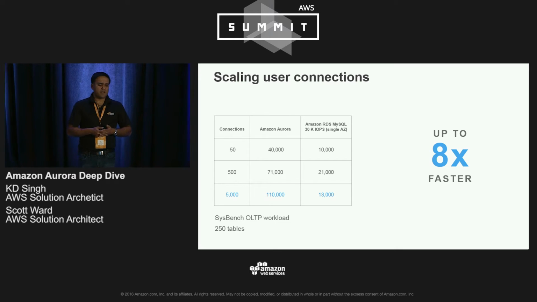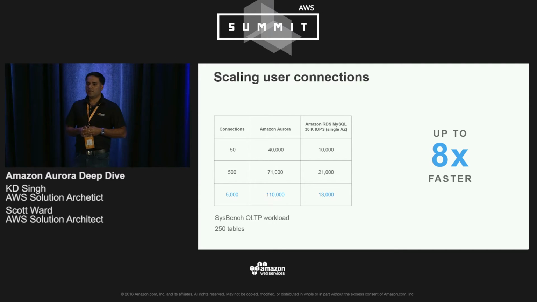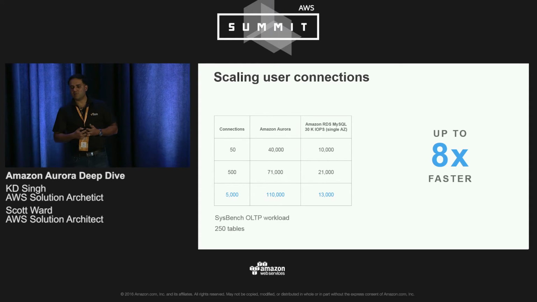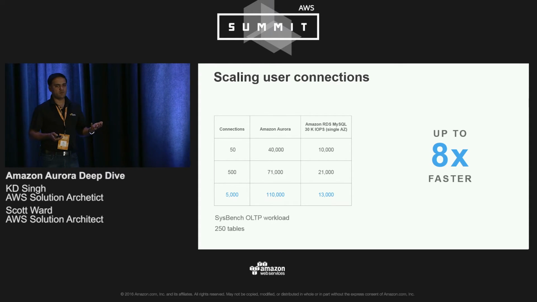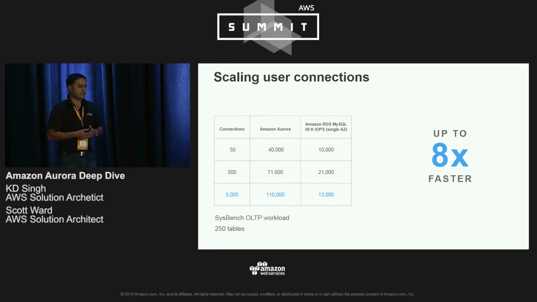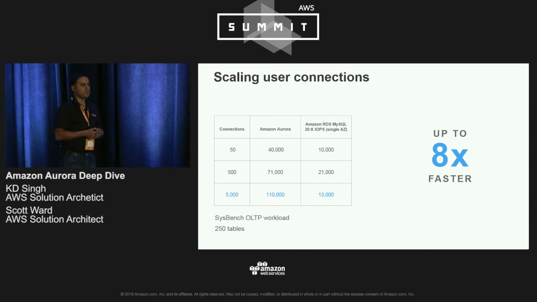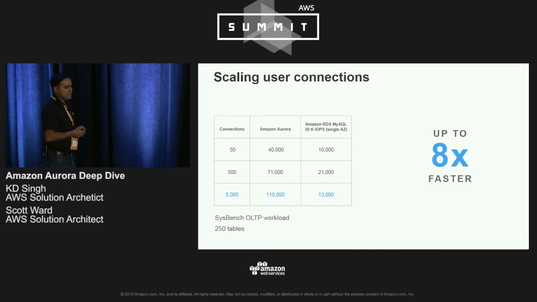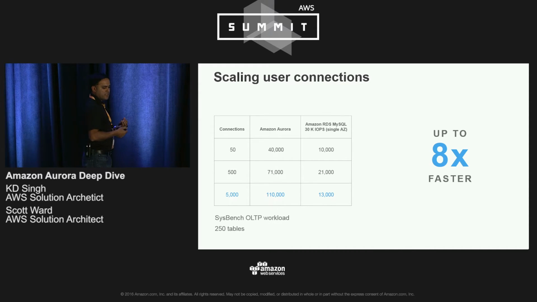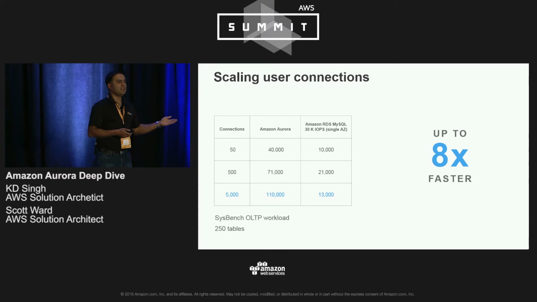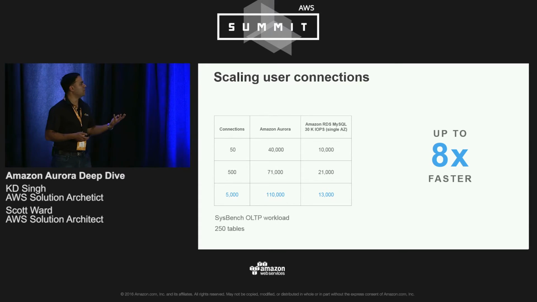The first experiment was: when there are contending requests, what happens? In this case, we scaled the number of user connections. We are again using the sysbench benchmark, its OLTP workload with 250 tables. And we scaled user connections going from 50 to 5,000. And we saw that Aurora scaled, with its performance actually improving.